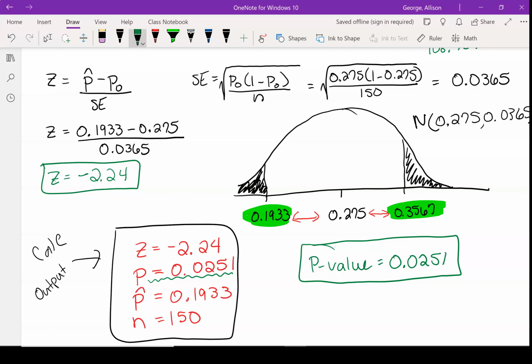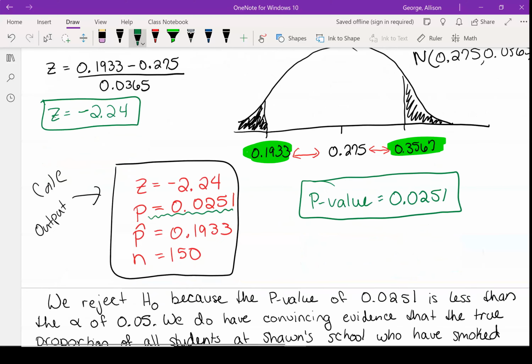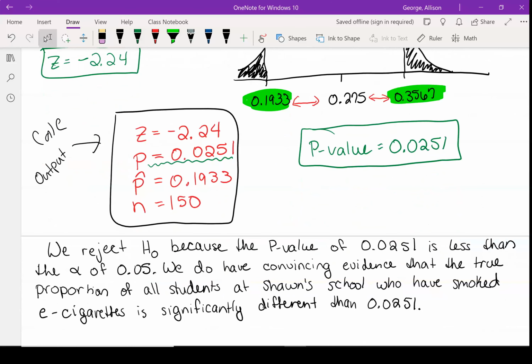That's enough. It's below the cutoff. So the 2 sentences we need to include have to cover those 3 things on the front of the notes that we were talking about. So we need to compare our p-value to our alpha. We need to draw our correct conclusion, and then we need to make sure our conclusion is in context. All right, so the first sentence takes care of the first 2.